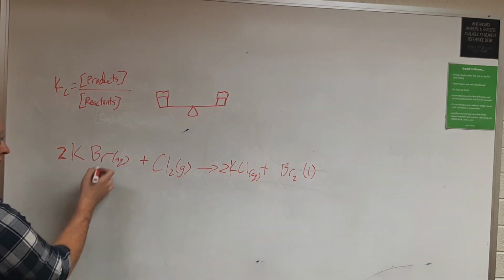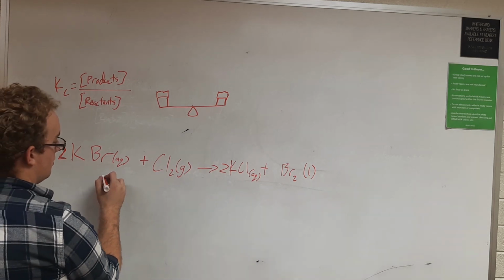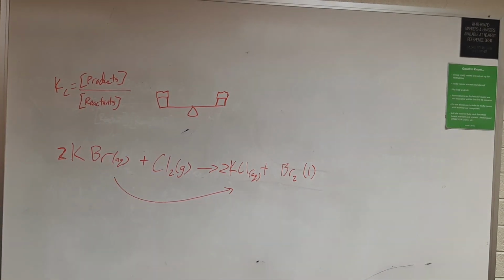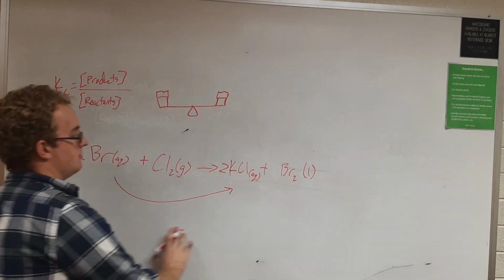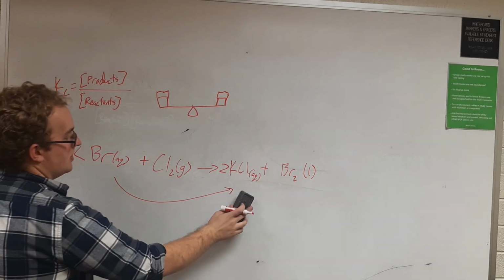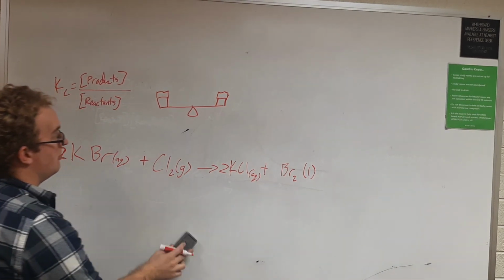That means if you add reactants, then it's going to convert some of it and it's going to favor this side. You'll see that often in questions, meaning that the reaction will begin to produce more products if you just add more reactants. The opposite is the same if you take some away, right?